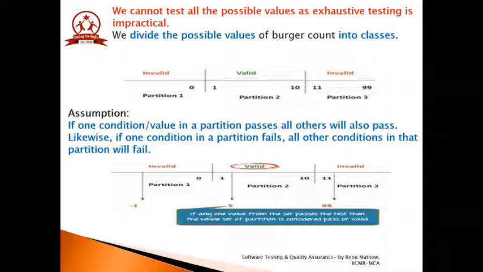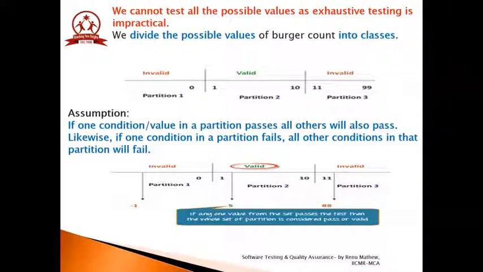Then we pick one value from each partition for testing. So from the illustration, we can understand that there are three equivalent classes. One valid class ranging from 1 to 10, and two invalid classes, one among them values 0 and less than 0, and the second one values greater than 10.